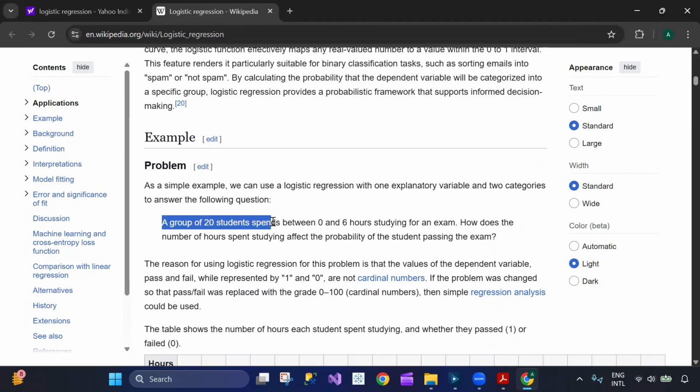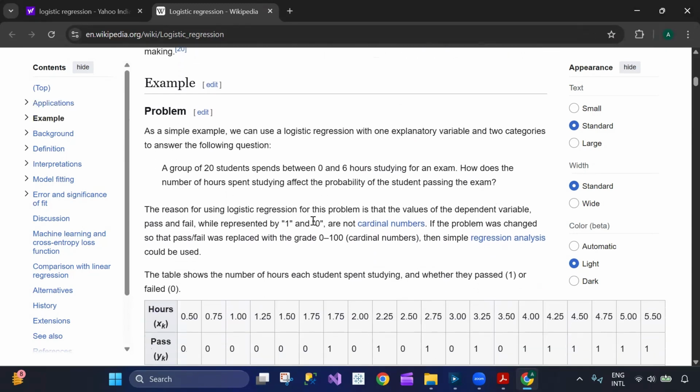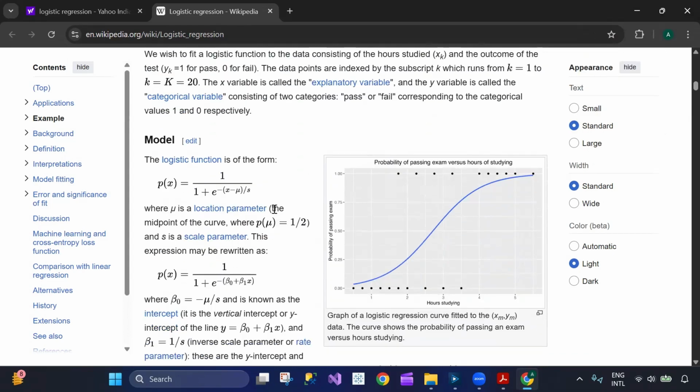A group of 20 students spend between 0 to 6 hours studying for an exam. How does the number of hours spent studying affect the probability of the student passing the exam? So if the group of students is studying 6 hours for one exam, we would like to understand the probability of passing those exams. There are some formulas in the PDF file.